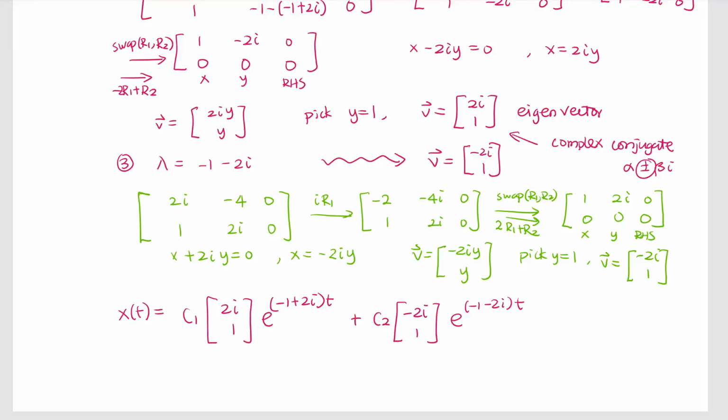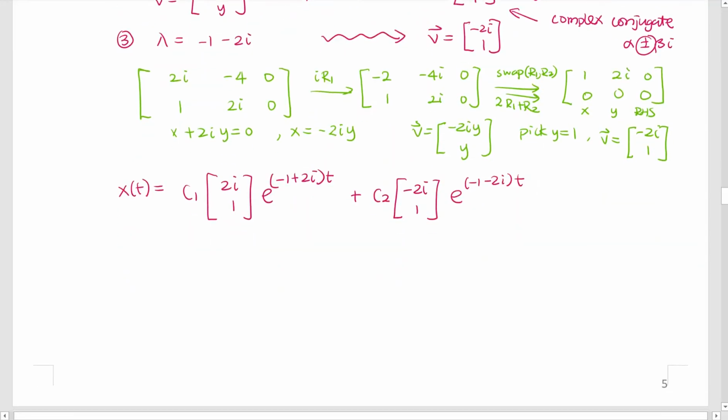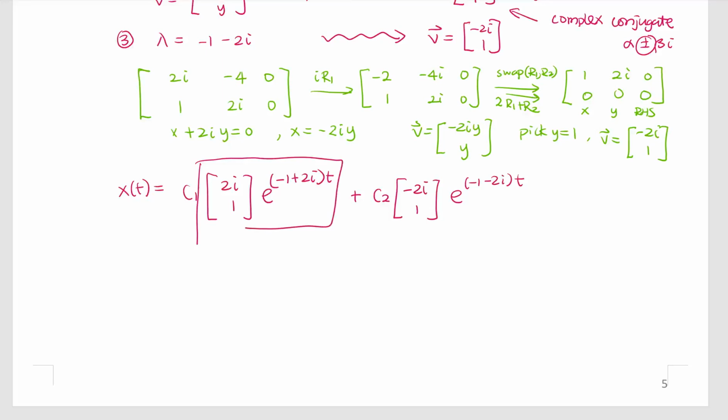So that means we can expect to see sine and cosine. So how do we get sine and cosine independent solutions, which generate the general solution? Okay, so the trick is, look at this one.